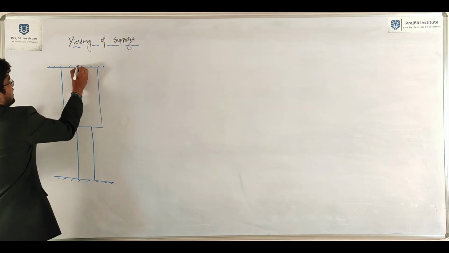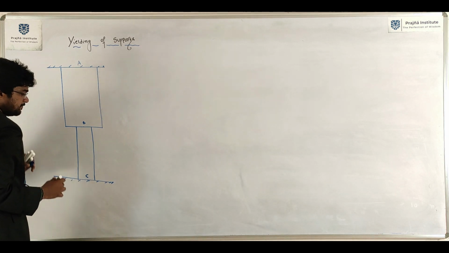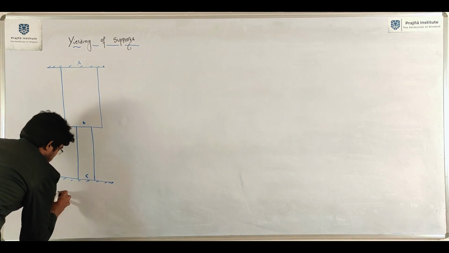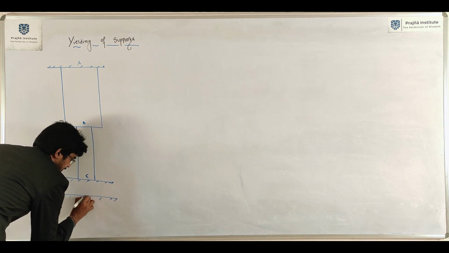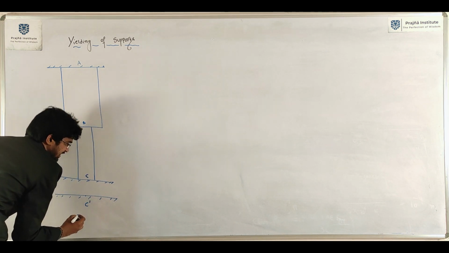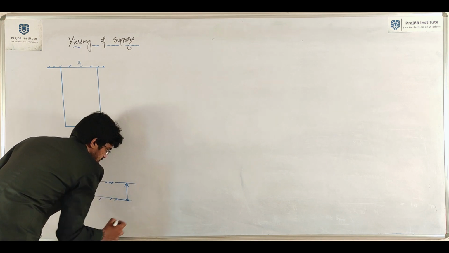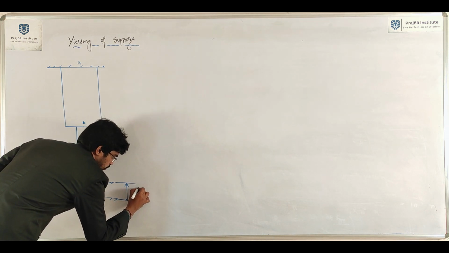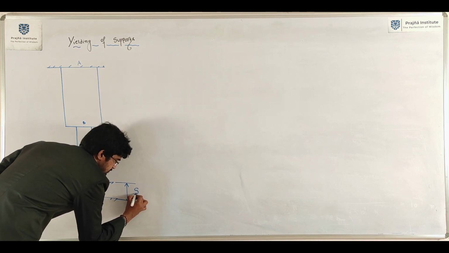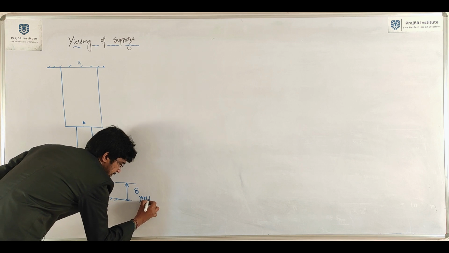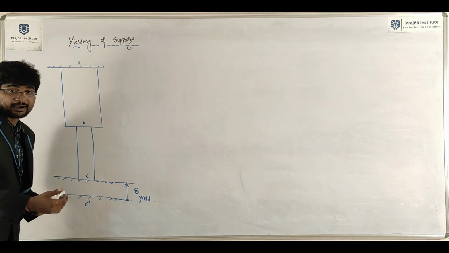A, B, C. The support C yields, C will come to C dash. This is delta yield, the support yielding by some amount.